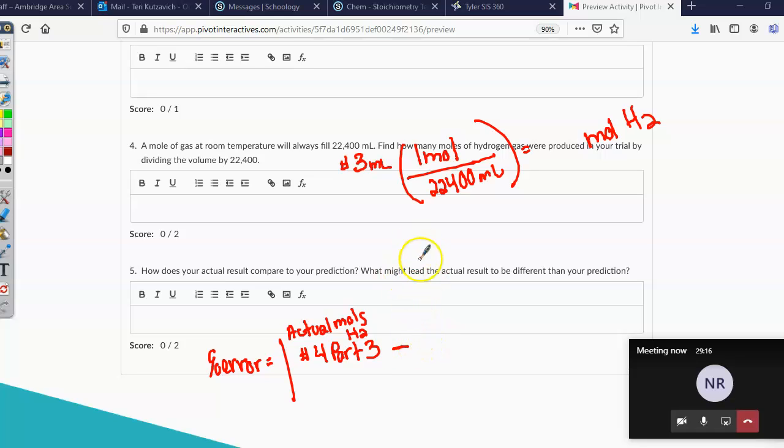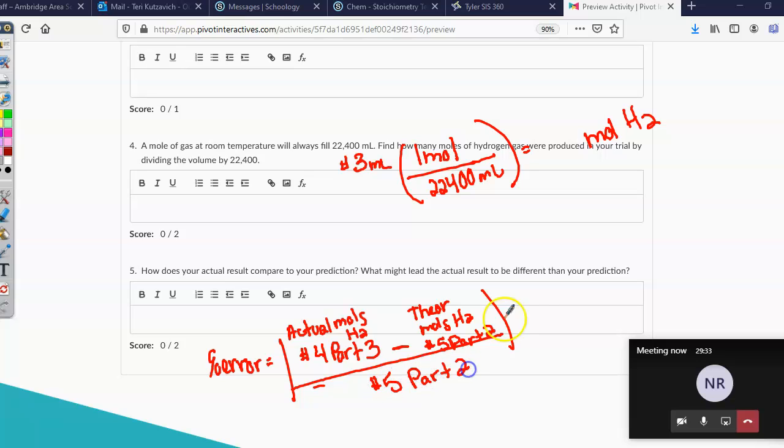You're going to subtract from what you should have got, your theoretical moles of hydrogen gas, and that is number 5 from part 2. And then you're dividing by number 5 in part 2. Times 100. This right here, it's absolute value.